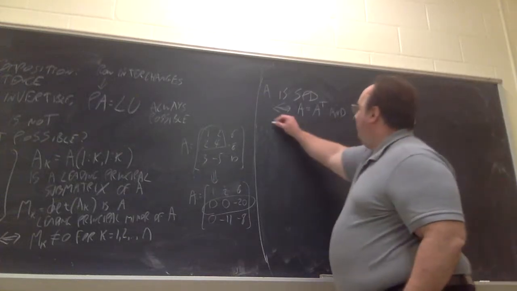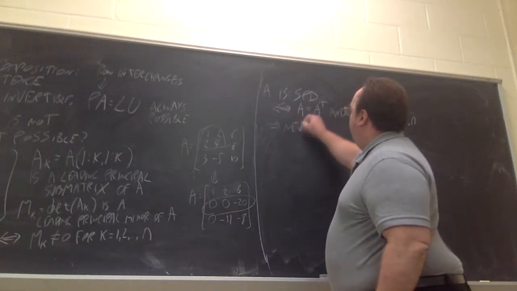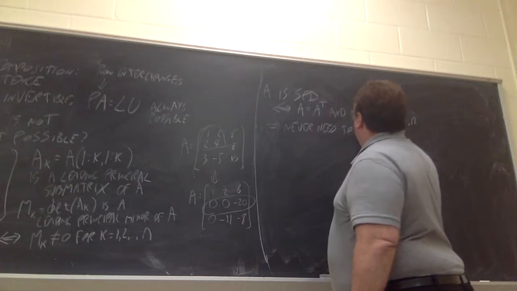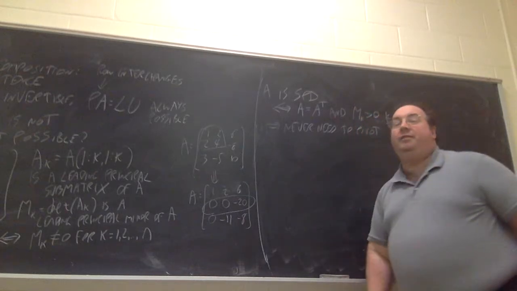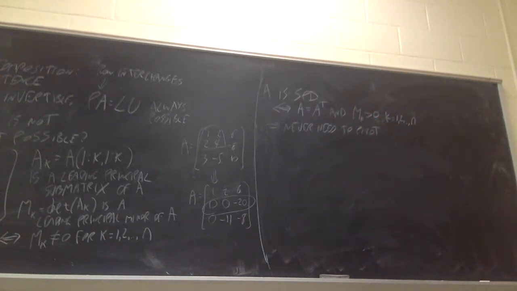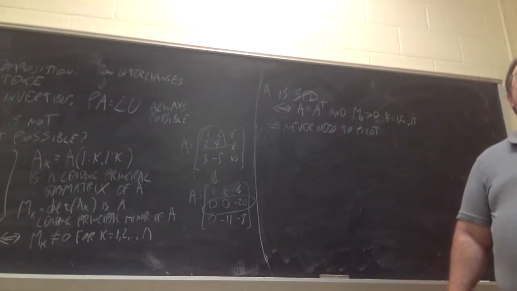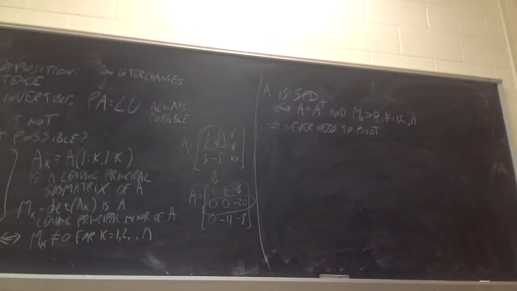So what that means is you never need to pivot. You'll never have a situation, if you're doing Gaussian elimination or Cholesky, where some division by 0 is going to come up. It might still be a good idea to pivot to contain round-off error, but it will never be required.